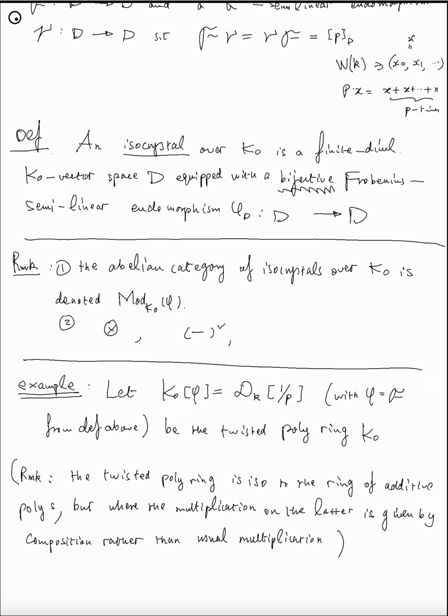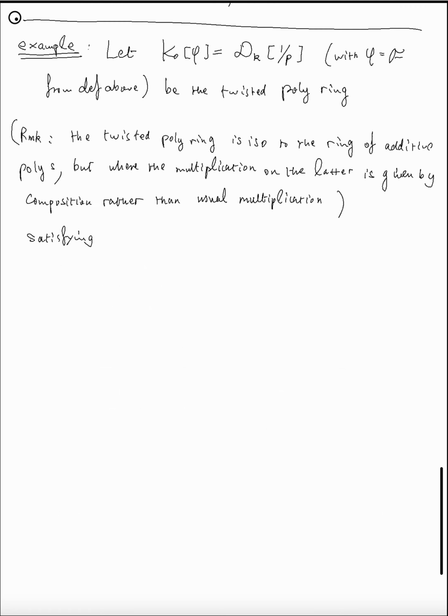So it's the twisted polynomial ring satisfying phi composed with c, for c an element of WK, equals sigma of c and then phi, for sigma in K0.